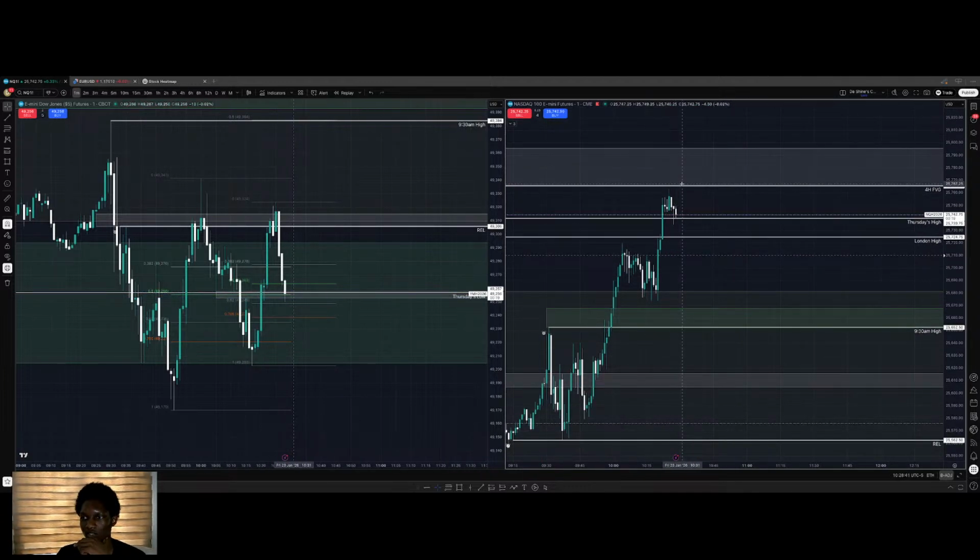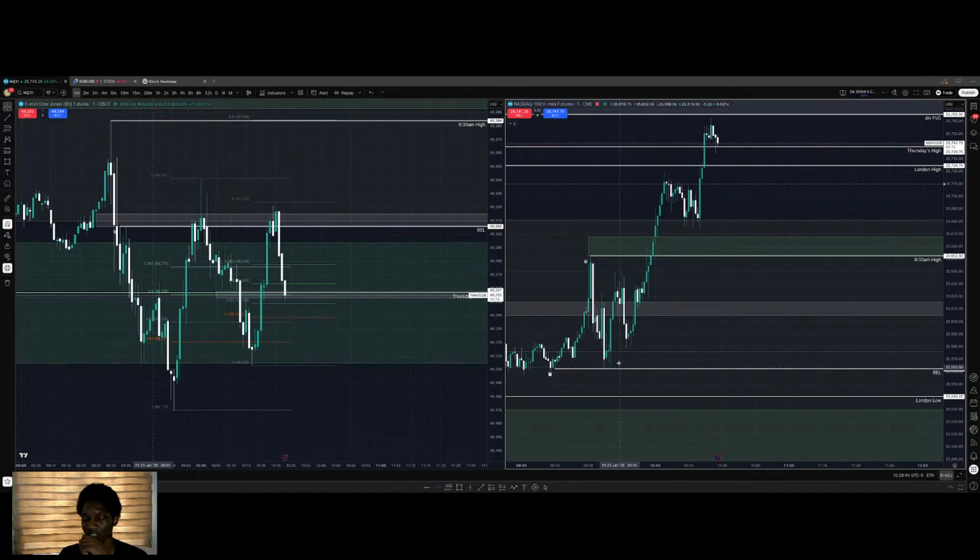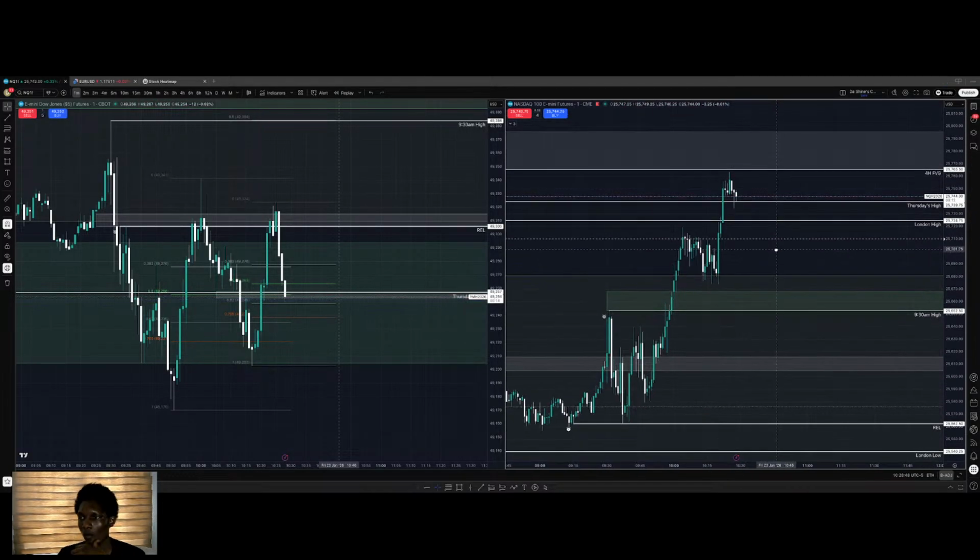I'd have loved to see us tag into this 4 hour gap. I'd be so confident in selling it because we still have relative equals, don't forget. And we're doing this before 4:30.